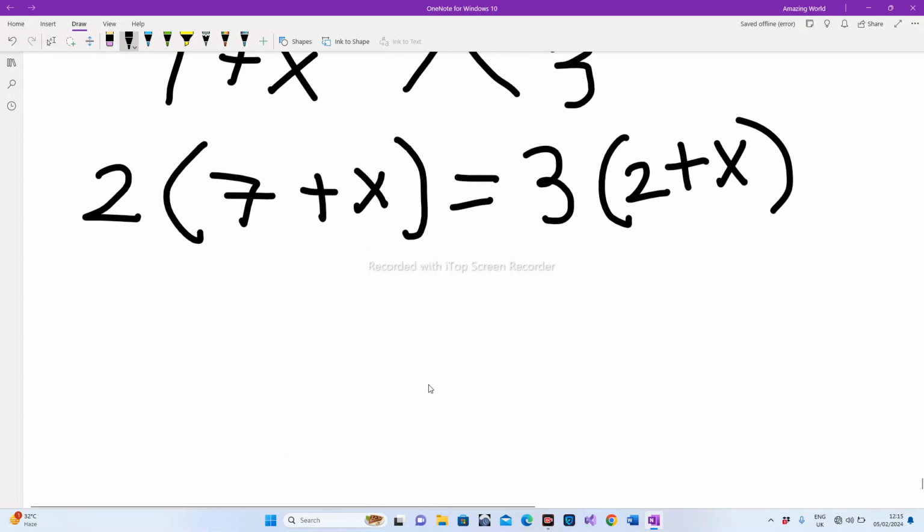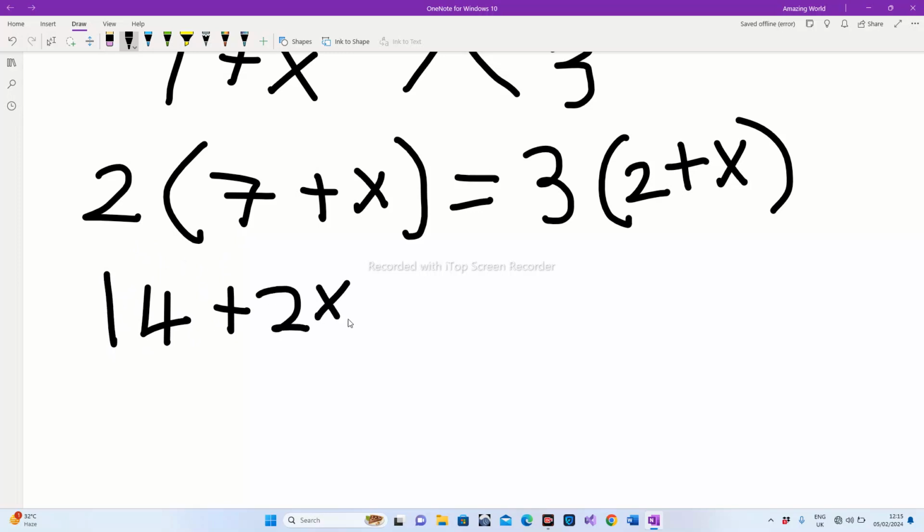Then we should know from here that we are to expand. 2 times 7 gives us 14, plus 2 times x gives us 2x, equals 3 times 2 gives us 6, and 3 times x gives us 3x.